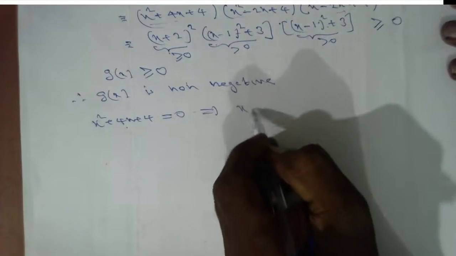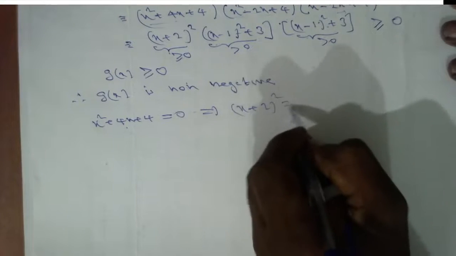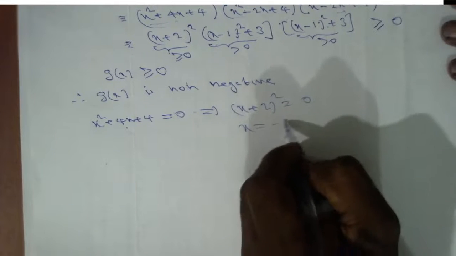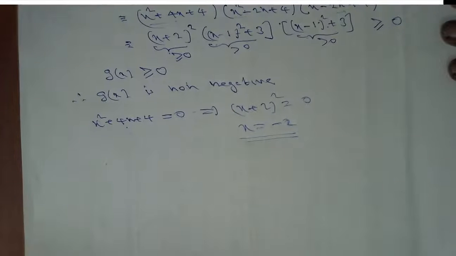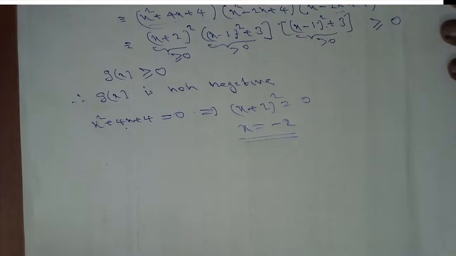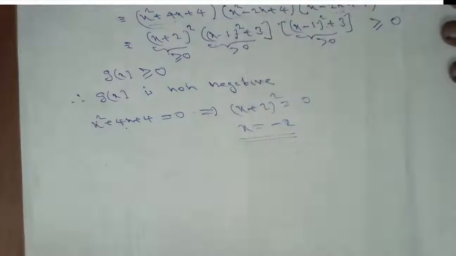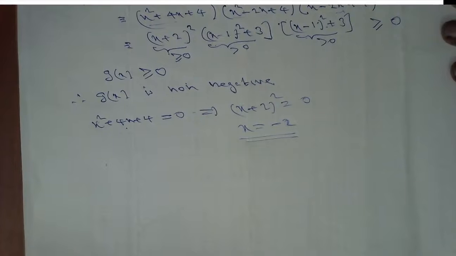So (x plus 2) whole squared equals 0, x equals minus 2. So this is the root, x equals minus 2. Only one root, because the other factor is positive for all x. Therefore, this is 0 only when x equals minus 2.